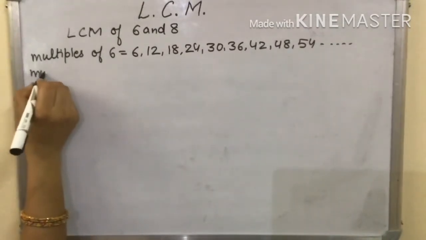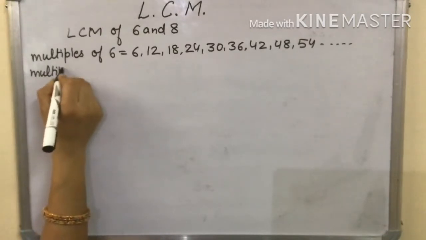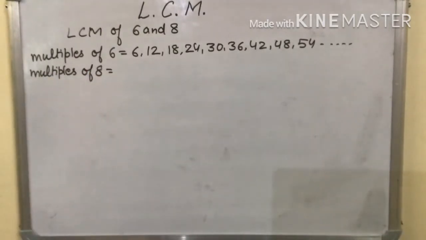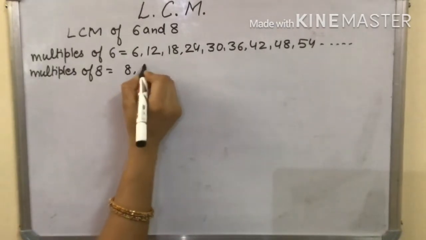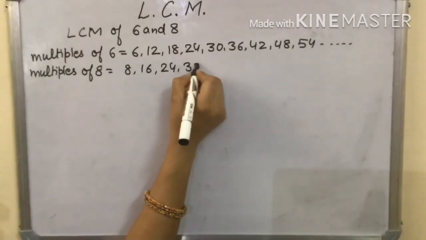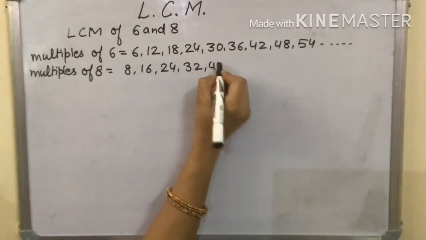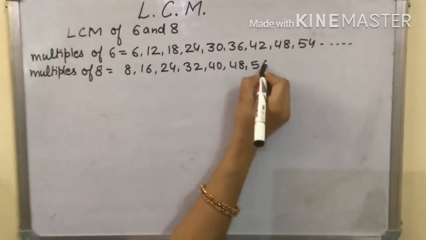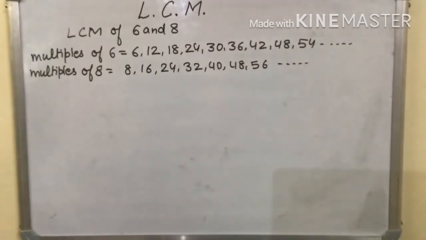Like this we will write multiples of 8. Multiples of 8 will be 8, 16, 24, 32, 40, 48, 56 and so on.